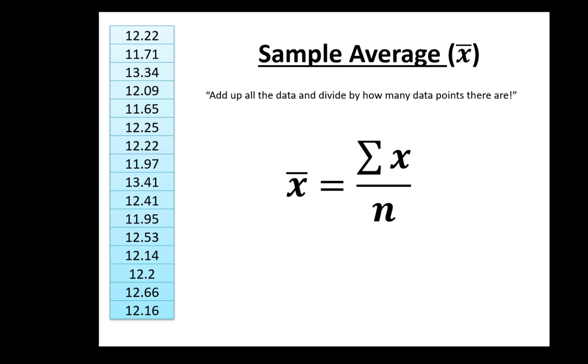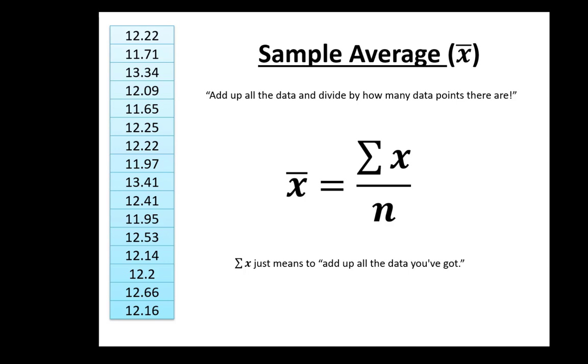What's that numerator? Well, that big thing right there is called sigma, and that's the Greek letter for S, which is the first letter in the word sum. So statisticians have used capital sigma to place next to the X to say, add up all of your data. So when you see a big sigma, it means add up everything you've got, and the thing next to it means what do you got?